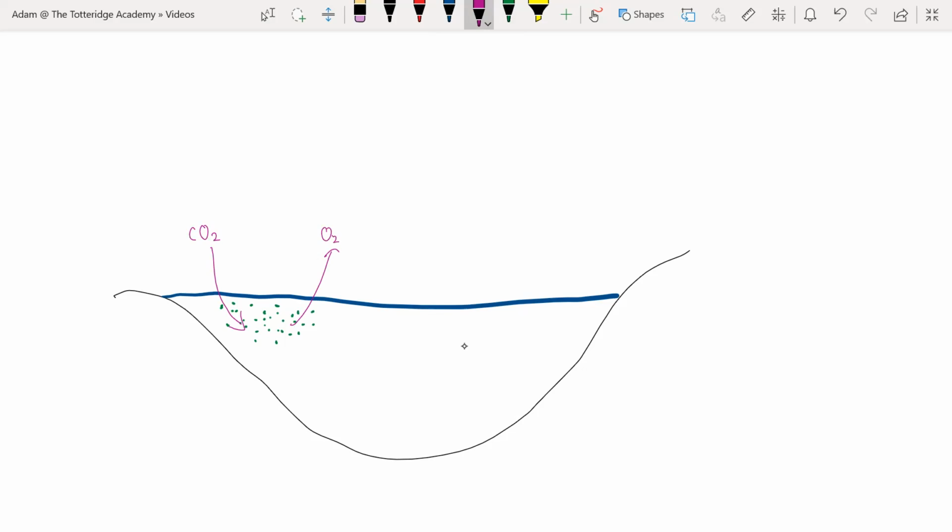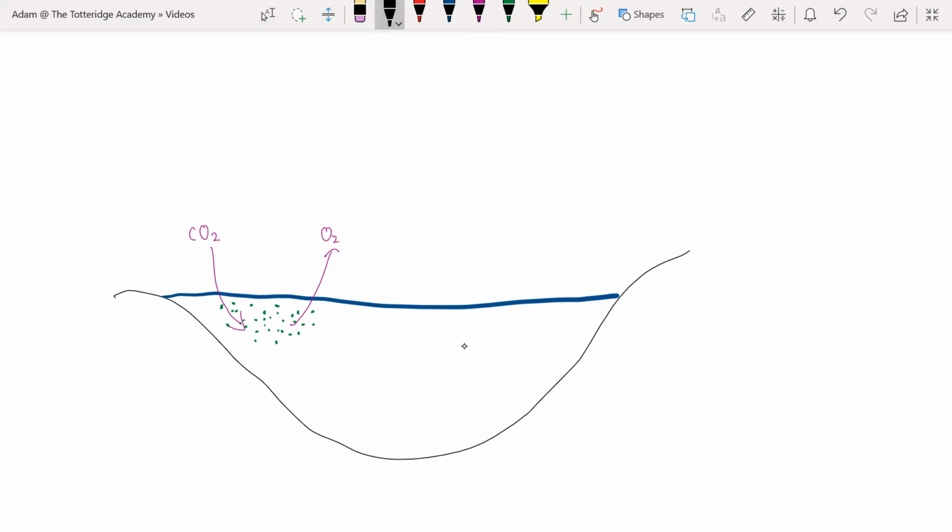But the reason why this is so important is because Earth's early atmosphere was mostly made up of one specific type of gas. Which gas mostly made up Earth's early atmosphere? 1, 2, 3. Carbon dioxide.